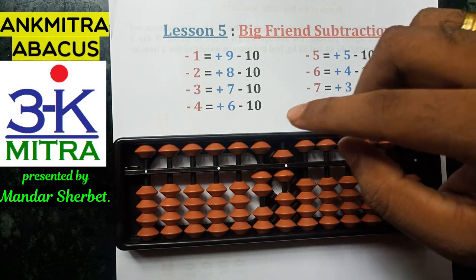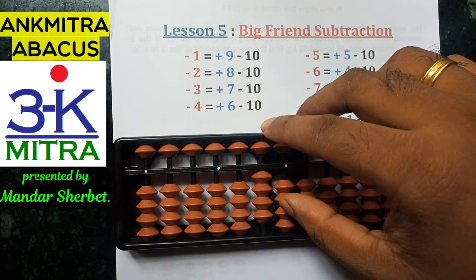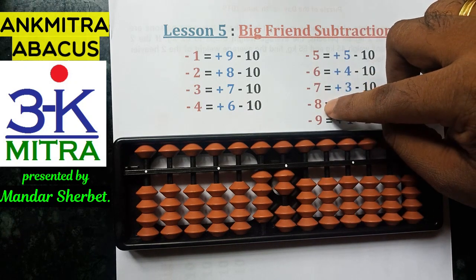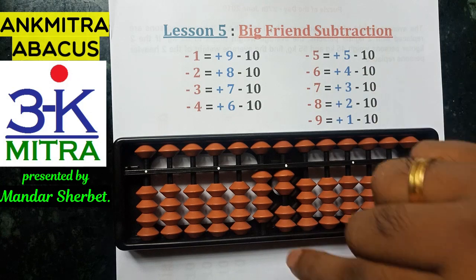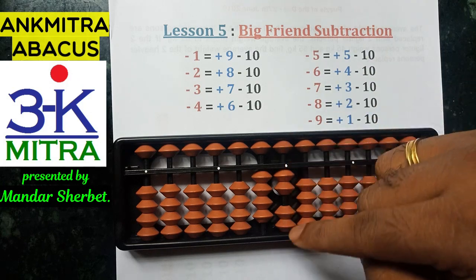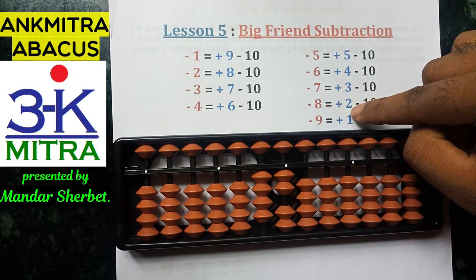Let's look at another example now. Suppose I have the number 42 with me, and I am supposed to subtract the number 8 from this. For subtracting 8, I don't have 8 beads available to subtract directly. Hence what I need to do is add its big friend.